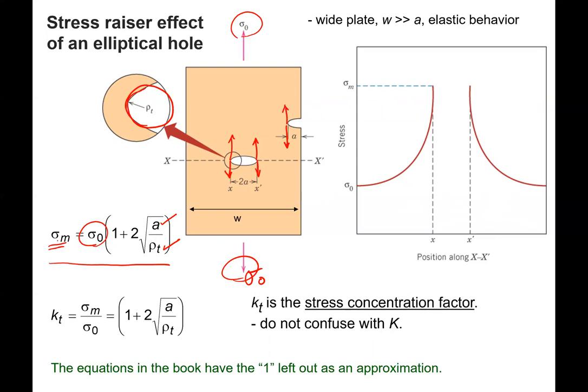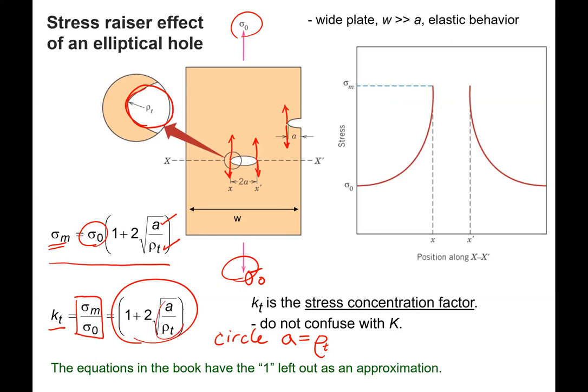So if we wanted to look at a stress concentration factor, we could just divide the stress at those lateral locations by the applied stress. So we would just have this term here. Let's say that we have a flaw that's a circle, and in that case, the crack length A is equal to the radius of curvature.